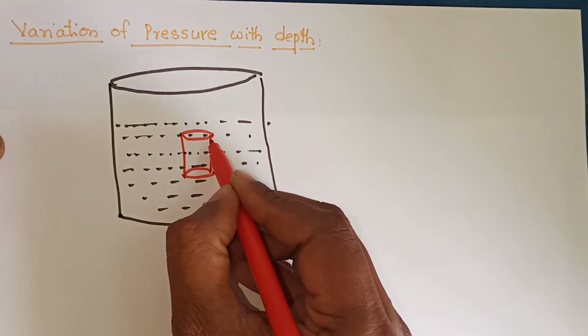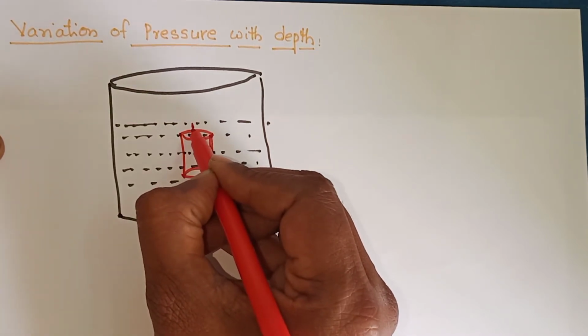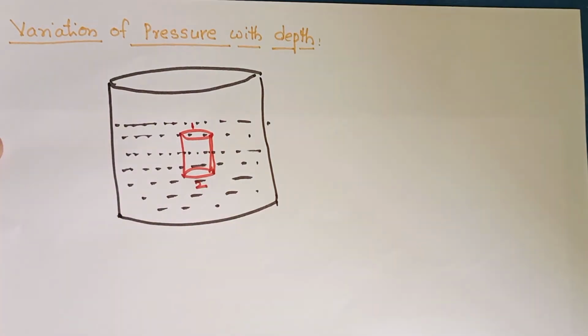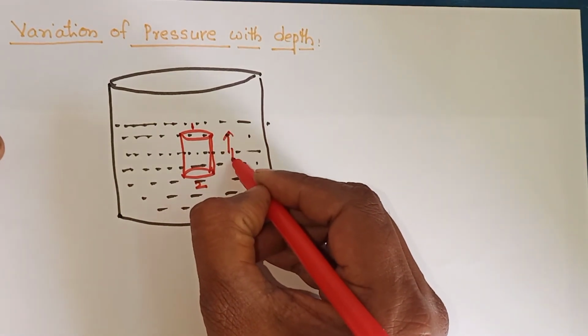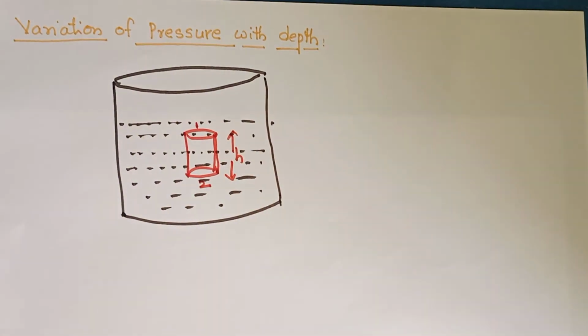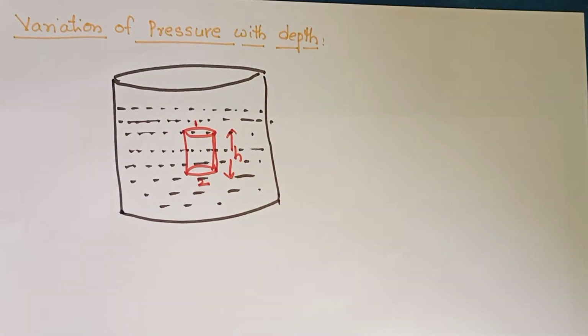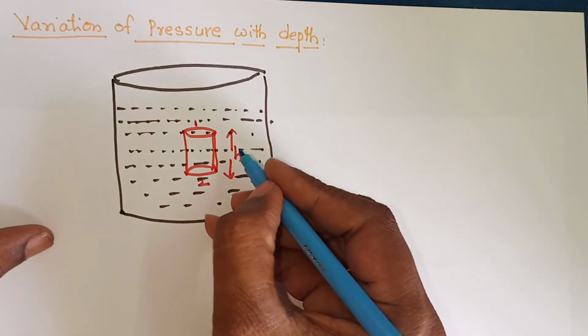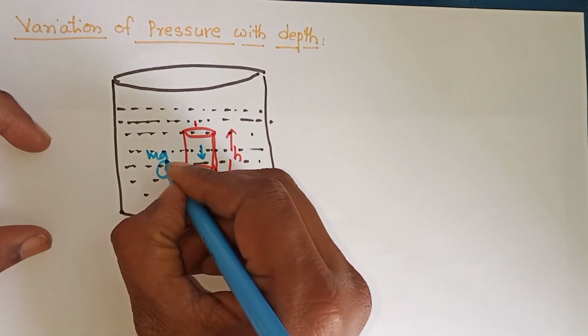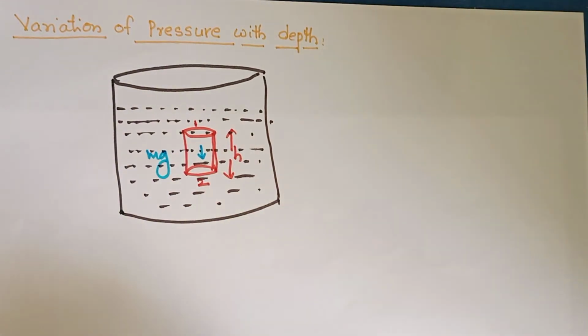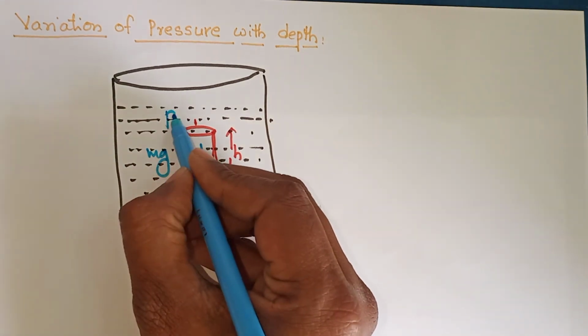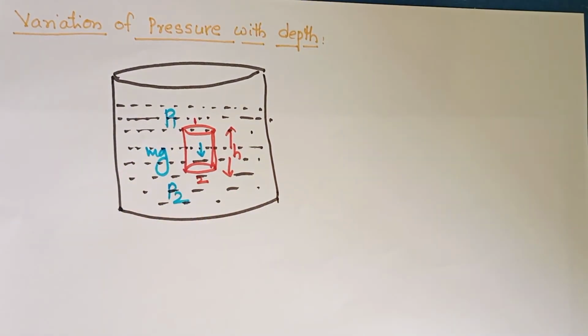You can consider the pressures at regions 1 and 2, which are separated by height h. Of course, mg is acting downward, and the pressures at 1 and 2 can be calculated. So this is mg acting downward. You can write pressure p1 here and pressure p2 over here.